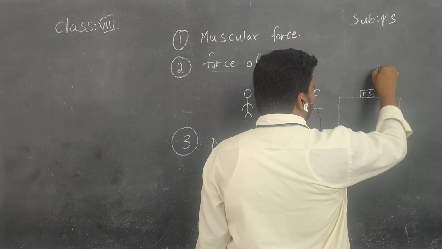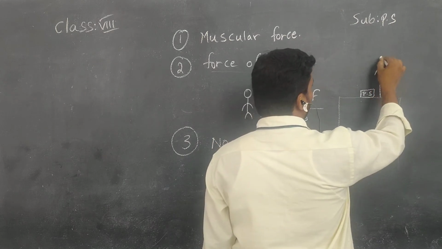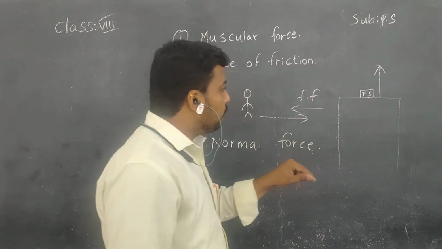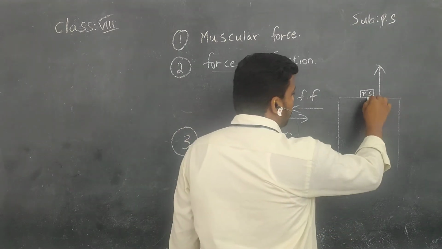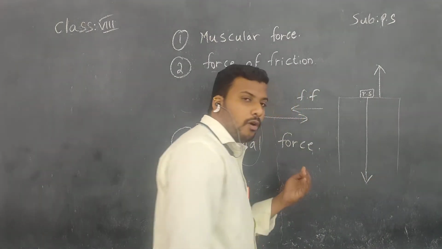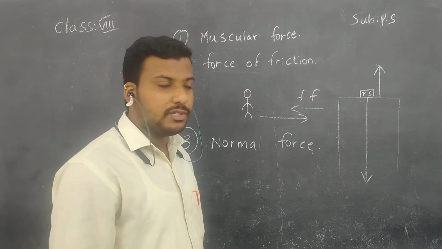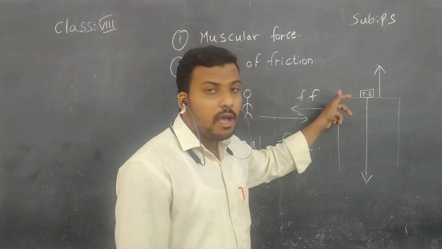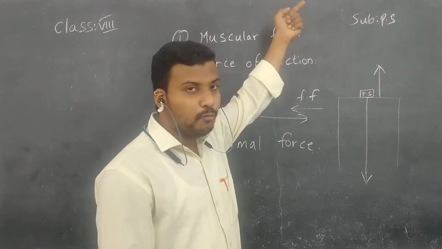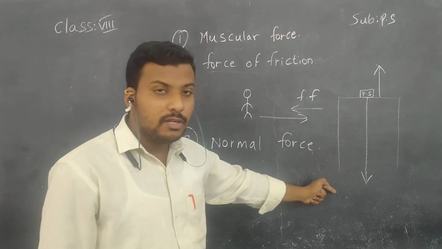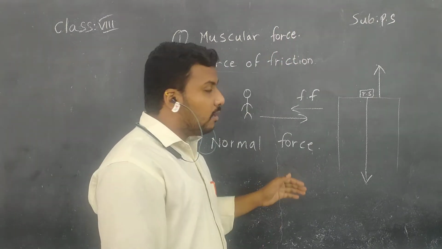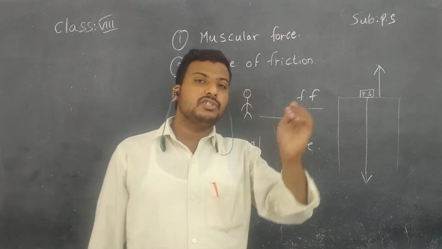The table is giving support to the PS textbook in the upward direction, and in the same way the gravitational force makes this PS textbook fall in the downward direction. Both these forces are in opposite directions. One is in the upward direction and the other is in the downward direction. And their magnitude is the same, children.